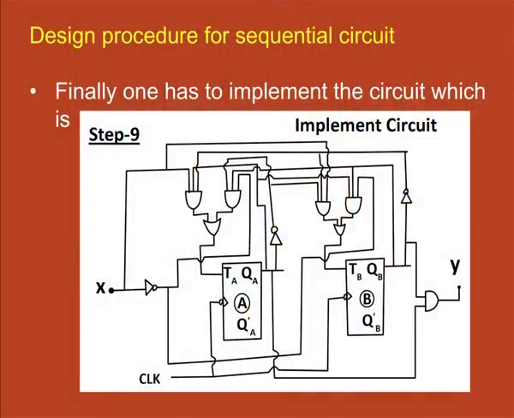Once we get the expressions for the two inputs of the flip flops, we can draw the sequential circuit. Here, as you can see, we have considered the two T flip flops which are assigned as A and B, and the inputs and outputs of the two flip flops are connected to the combinational circuit, which is obtained from the expressions discussed in the previous slide.